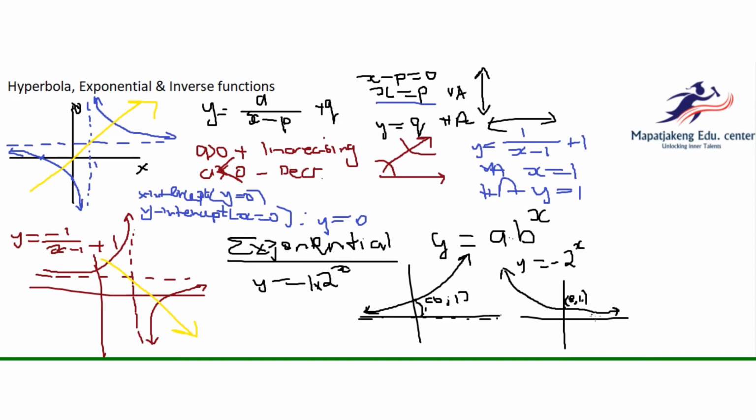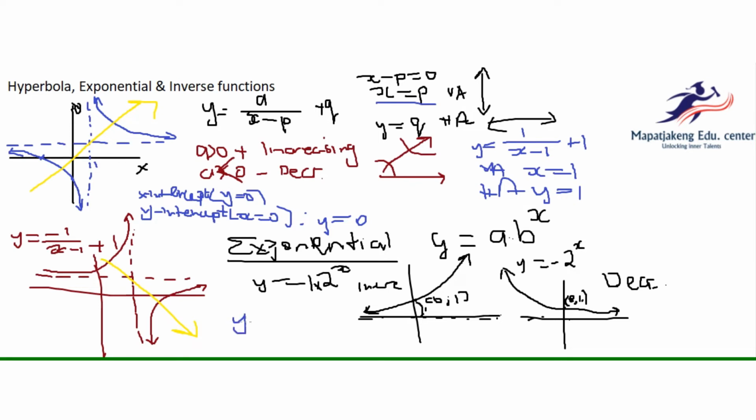Because a is negative and our function is decreasing. When a is positive, our function is increasing. If you read from left to right, this is going up. If you read from left to right, this is going down. But it doesn't cut here at the asymptote. Then that's more about it.